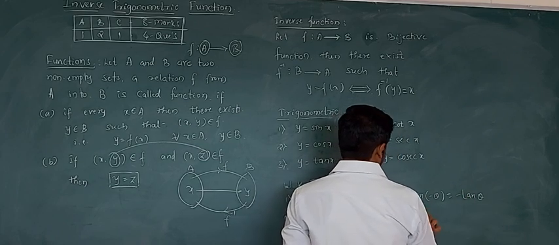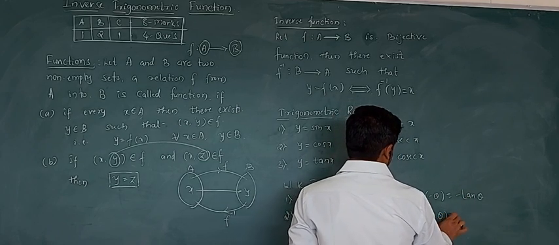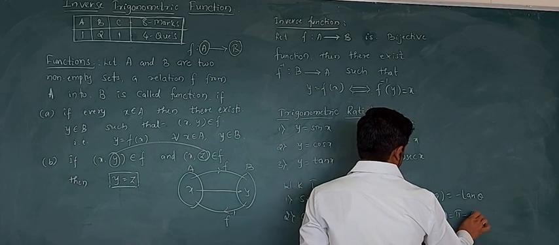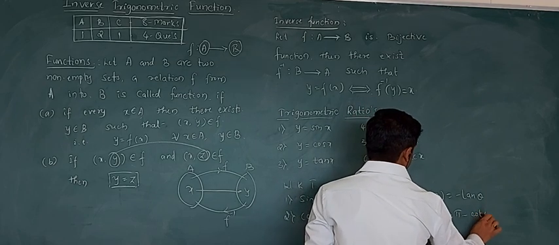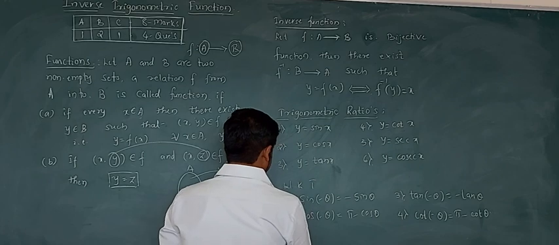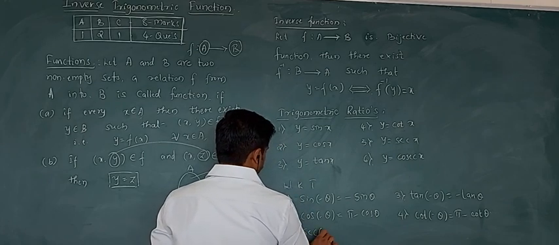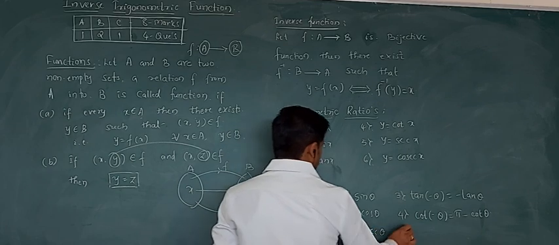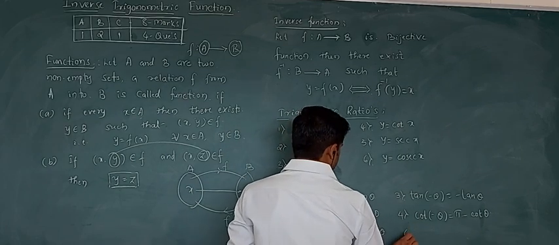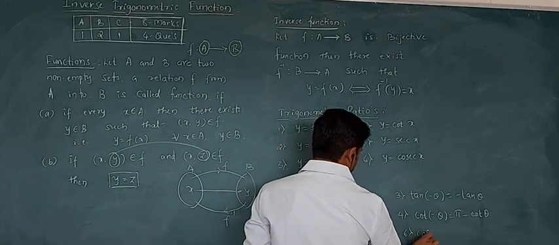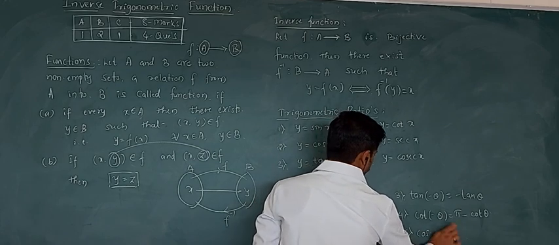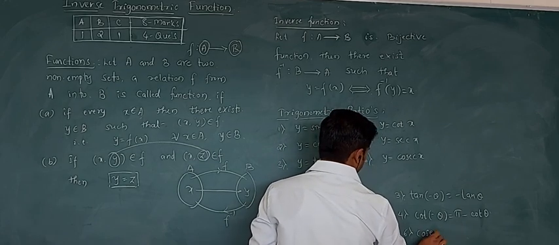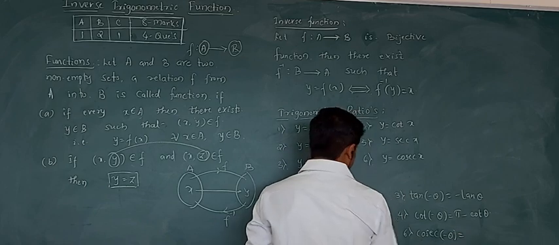Fourth one, cot of minus theta equal to minus cot theta. Next, sec of minus theta equal to plus sec theta. Sixth one, cosec of minus theta equal to minus cosec theta.